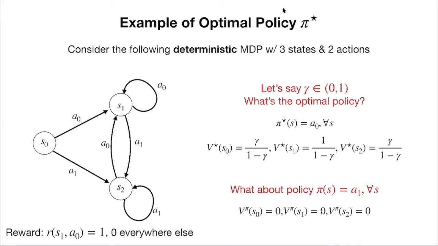So in this example, we see that pi star dominates pi, because for every state, V star S is bigger than V pi S. You can try out the rest of the policies. You will see that V star, the optimal policy, actually dominates any other policy everywhere.